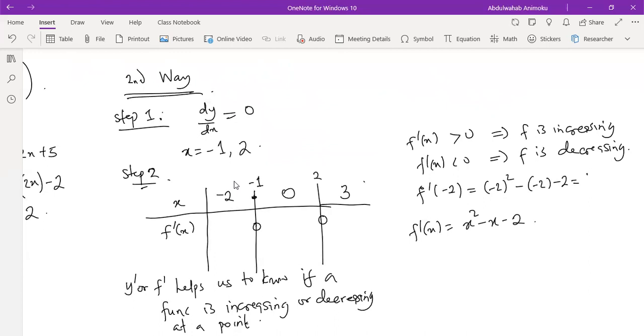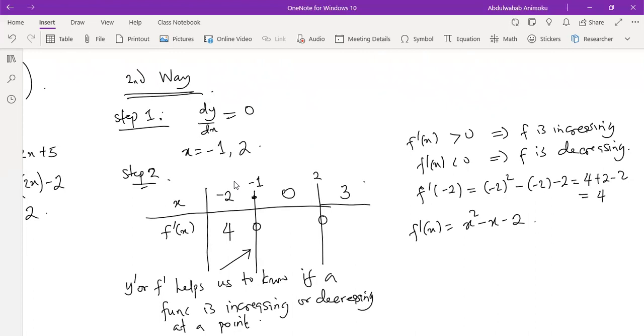That would give us 4 plus 2 minus 2, which is 6 minus 2, which is 4. So it is 4. It means at this interval, f is increasing, because it is positive. So we make an arrow up to tell us that the function is increasing in that interval.